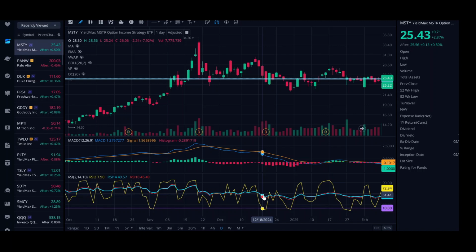Now, so why would you want to use the adjusted? Well, simply because the adjusted, as I said, is going to show you and allow you to analyze the price behavior and the investors' behavior of the stock.